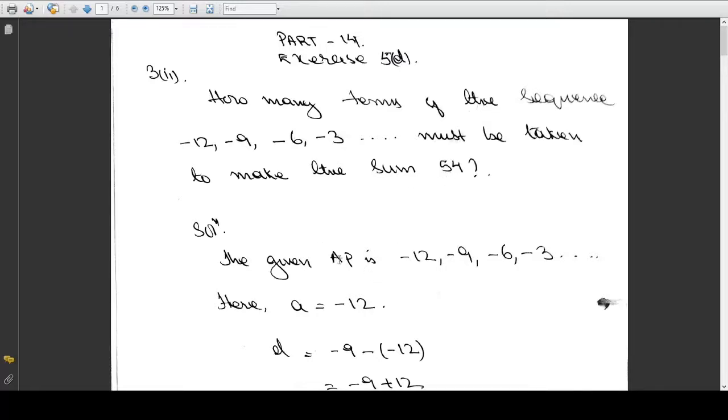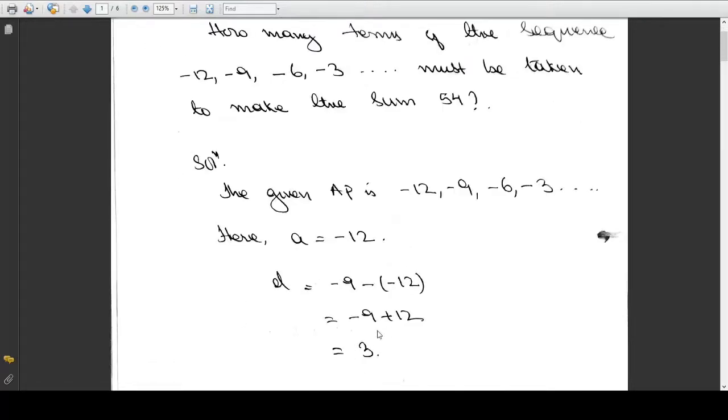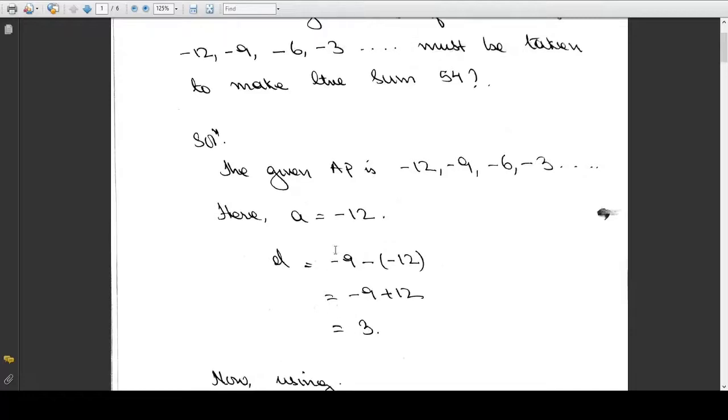Here in this AP, the first term is -12. The common difference is -9 minus (-12), which is -9 plus 12, that is 3. The sign is plus. So a is -12 and the common difference is d.